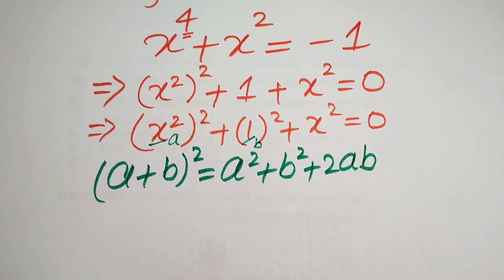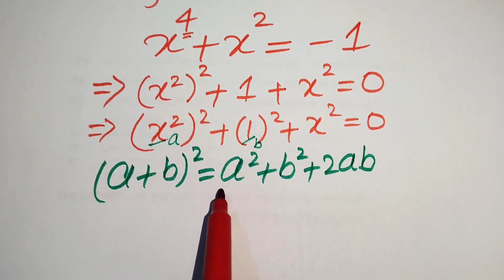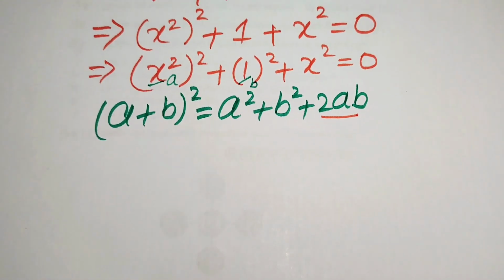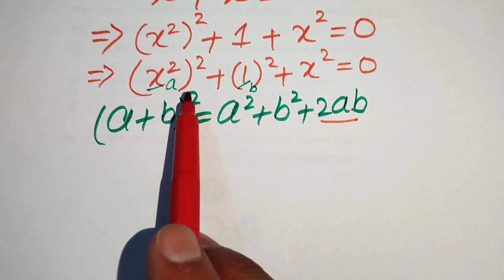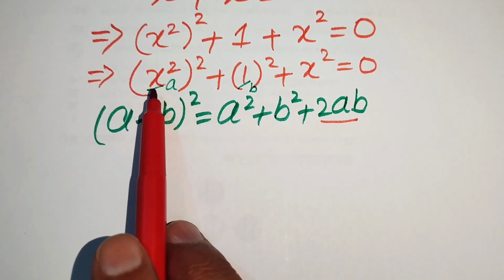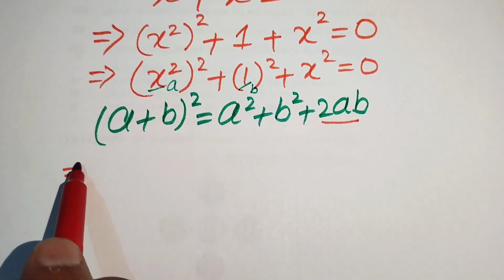Now this is a^2 and b^2, and in order to complete this formula we need this term 2ab. So in order to make this term 2ab, I can just add and subtract the term 2 into x^2 into 1.